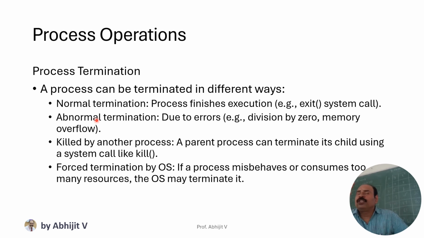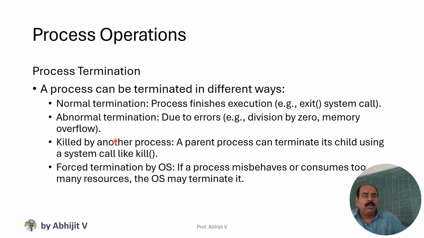The next step is about termination of the process. Termination means coming to an end, closing this process. A normal termination is when the process finishes execution. Abnormal termination is due to some error in the process; it is getting confused, the program is not working properly.